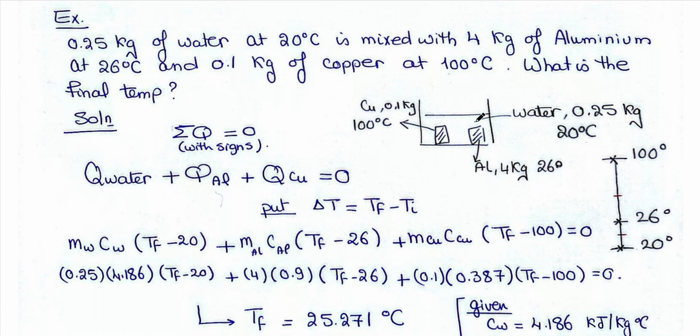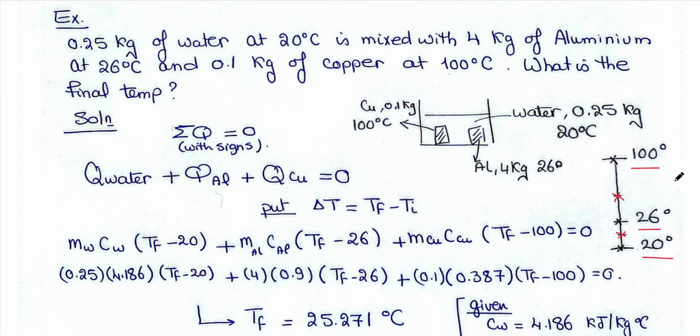Now we have three bodies: water at 20 degrees, aluminum at 26 degrees, and copper at 100 degrees. I want to find the final temperature. The final temperature may be between 100 and 26, or maybe between 26 and 20. I don't know, so I have two possibilities to check.